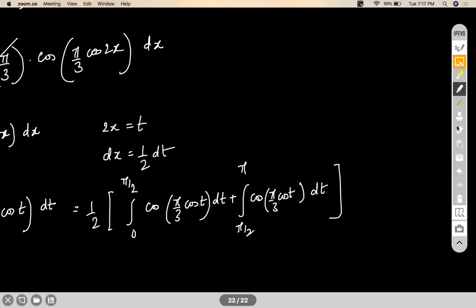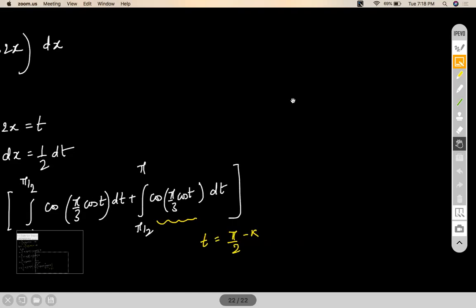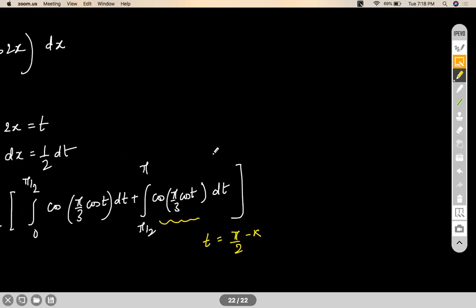Okay. Now what I'm going to do is I'm going to replace my t with pi by 2 minus k, let's say. So in this integral, only in the second one, I'm going to replace t with pi by 2 minus k. So when I do that, this integral will become cos of pi by 3 sine k, and remember dt will be negative dk.